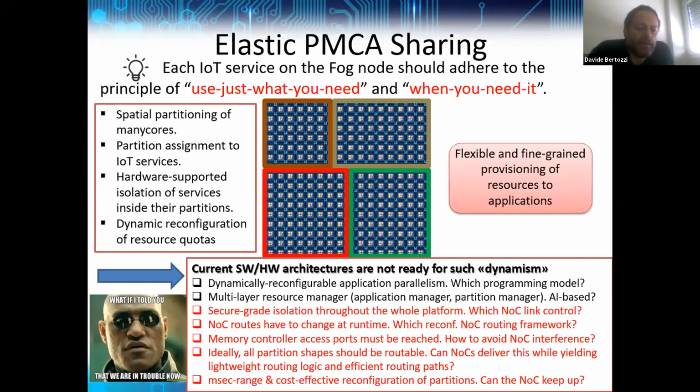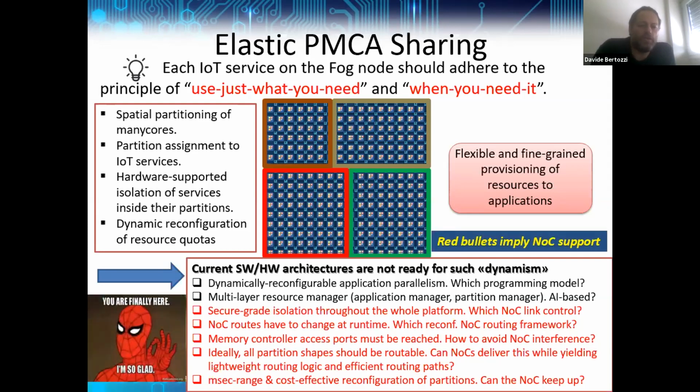Last but not least, it's not a mystery that several government programs require millisecond range reconfiguration. And in order to achieve these very aggressive reconfiguration times, you need to have vertical integration of both software and hardware support.